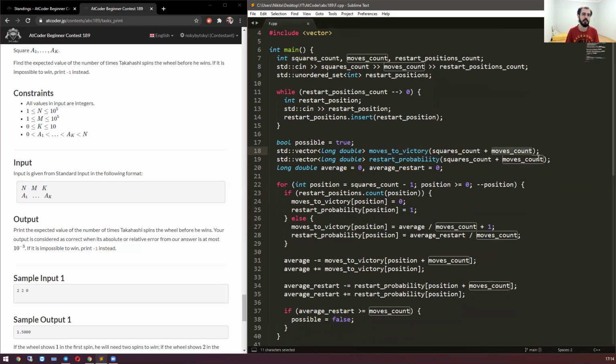And here is an important implementation detail. I allocate plus m positions because you can go past the last position. So without it, you get a runtime error.